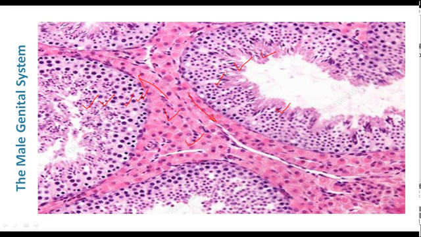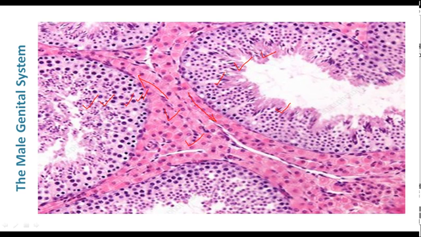Now, what are the functions of testis? I have discussed. The Leydig cells produce androgen under control of luteinizing hormone. So, LH is also known as interstitial cell stimulating hormone, only in case of male, not in case of female.